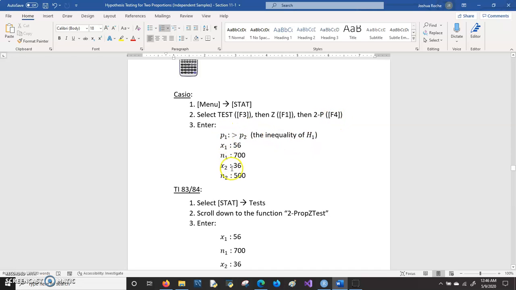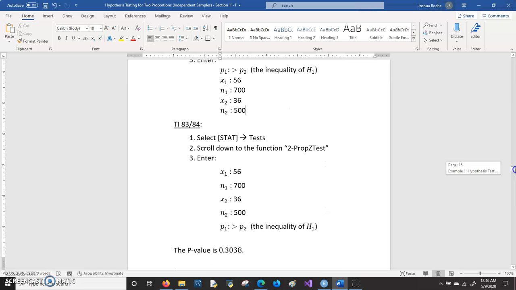And then you'll be given these options. You want to put in the value of the inequality of the alternative hypothesis. This was greater than, so greater than is what we'll choose. Then you put in x1, n1, x2, and n2. Put in all those values and calculate, and it will give you the p-value.